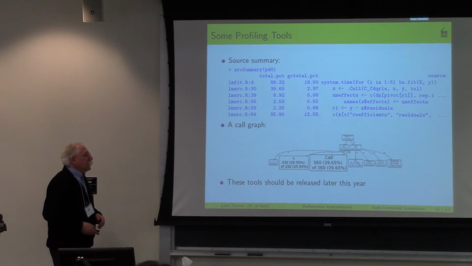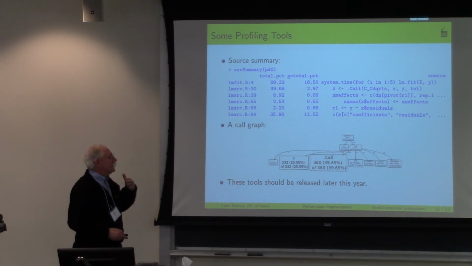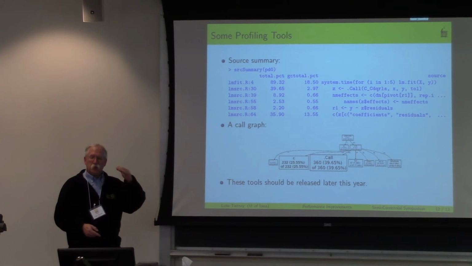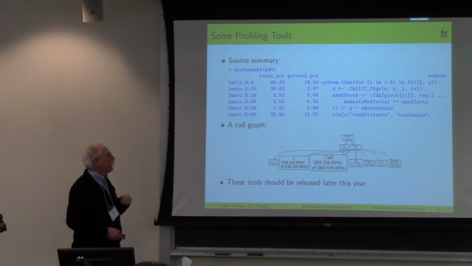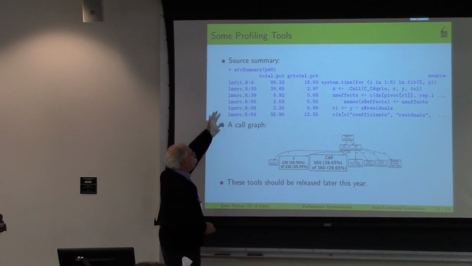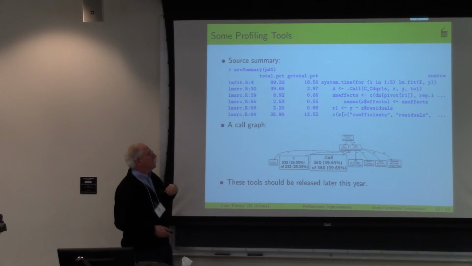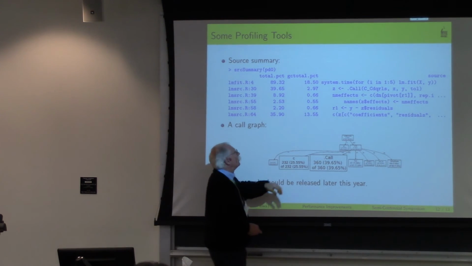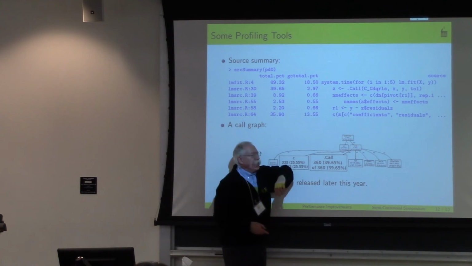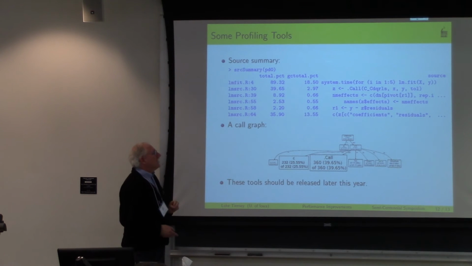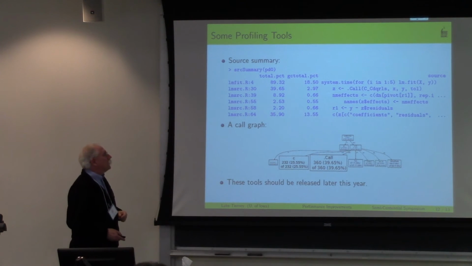For example, you can now get various summaries of the performance linked to the source file in which a function was defined. In this case, I'm just showing the lines of the source files that have a high percentage of time spent in them. So this is a linear model fit, and about 40% of the time is in the C code that implements the QR-based computation.